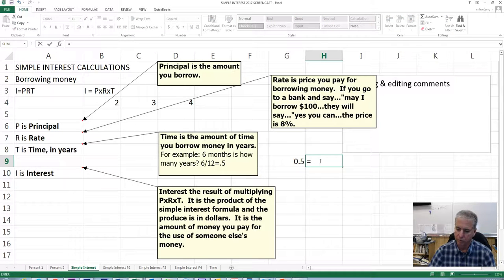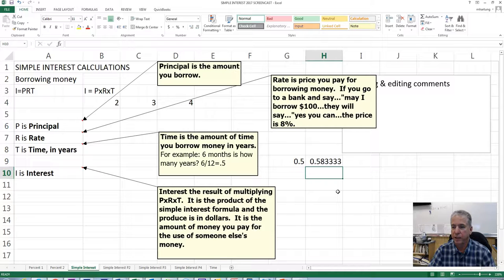Equal sign, 7 divided by 12. I know it's going to be something less than 1, and there it is, 0.58333. That's how many years. How many years is 7 months? It's 0.58333 years. And so if we borrow money for 7 months, that's the value that would have to be placed in the formula when calculating time.